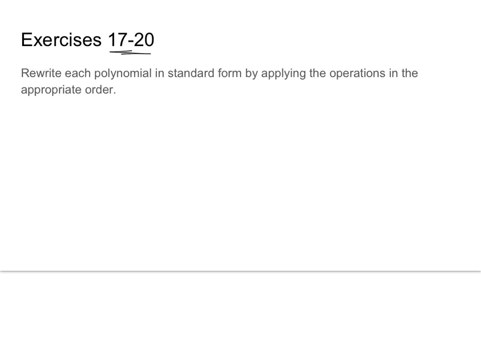So right now we're going to talk about combining polynomial operations. You're going to use your order of operations, which I hope you guys all remember. First we do parentheses, which really is any grouping.